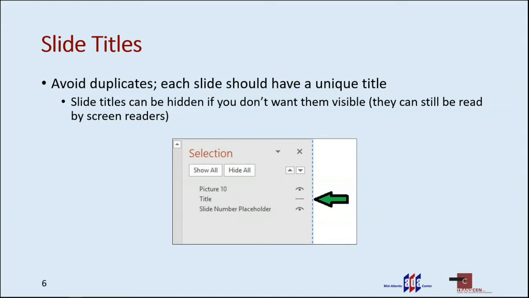But you could say this slide is top tip number 1, and the next one is top tip number 2, or something of that nature. Sometimes it does take a little creativity, but again, it's a habit that I encourage you to get into in coming up with unique titles.